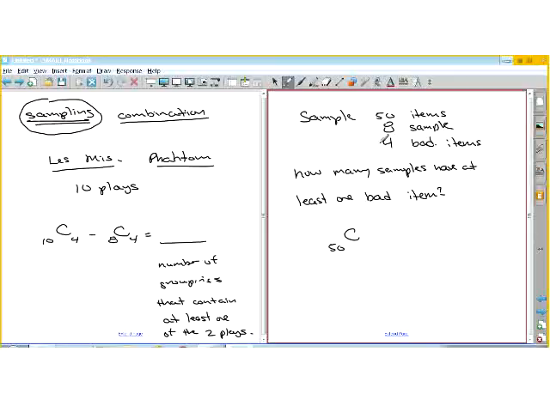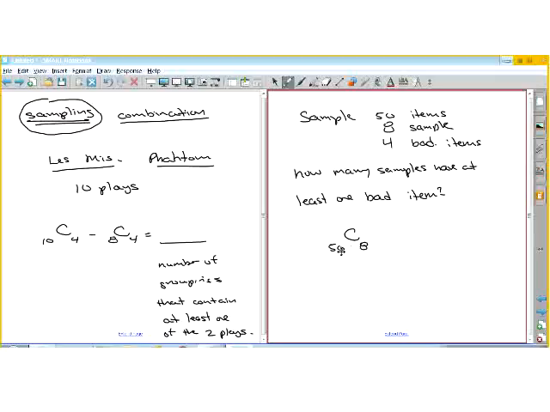What are the number of possible samples out of the total that have at least one bad item in it? So you would have 50 items. This is the total, including the 46 that are good, and you would take those 8 at a time.